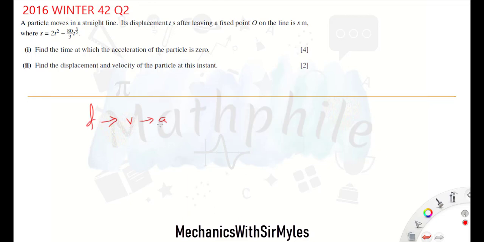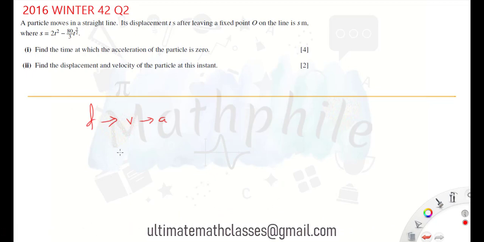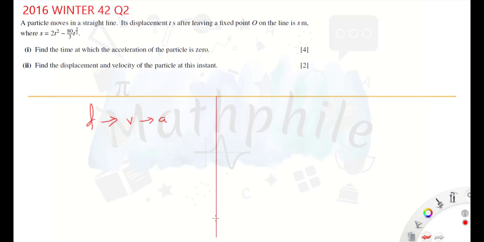You differentiate the velocity function, you get acceleration. So you got it wrong, you're going to differentiate it twice, not integrate it twice. The displacement function was given, so you have to differentiate it twice. Let me leave you to see what you can give me after doing your differentiation.